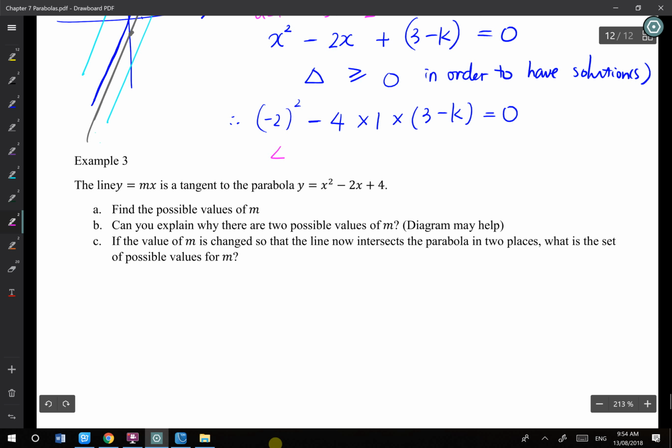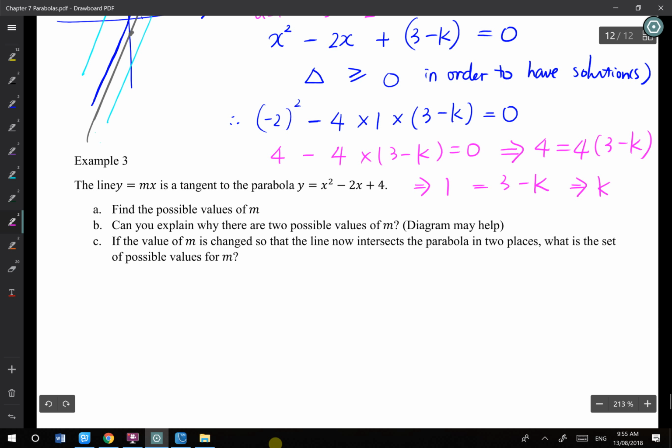So I have 4 minus 4 times 3 minus k. Then 4 equals 4 times 3 minus k.